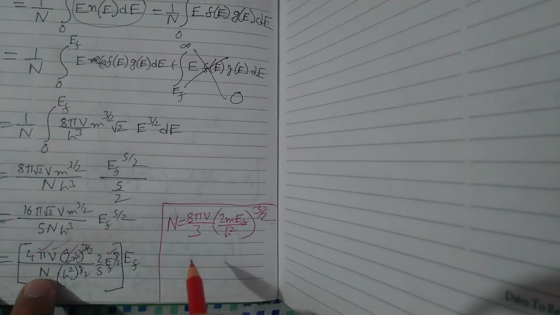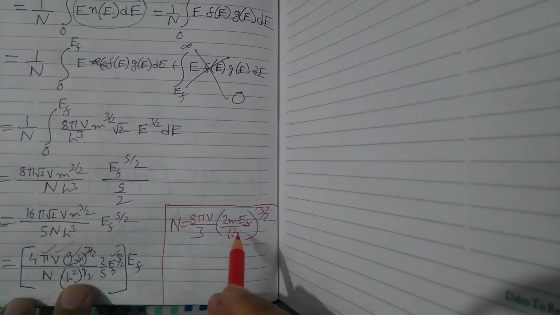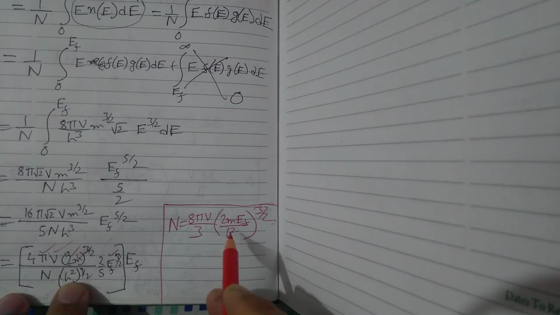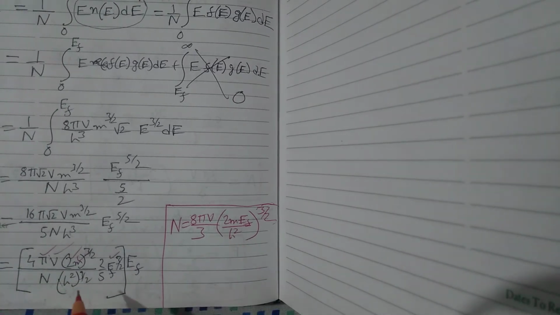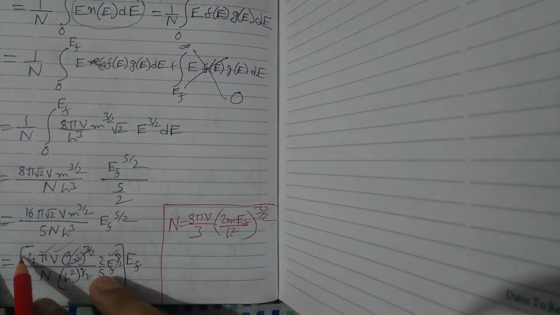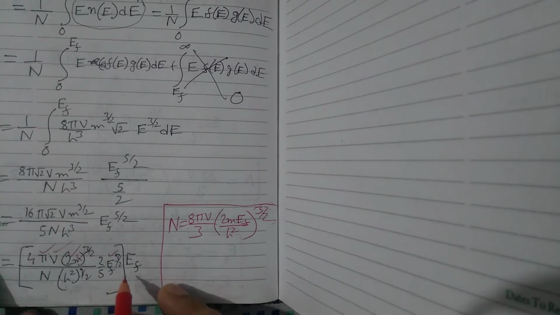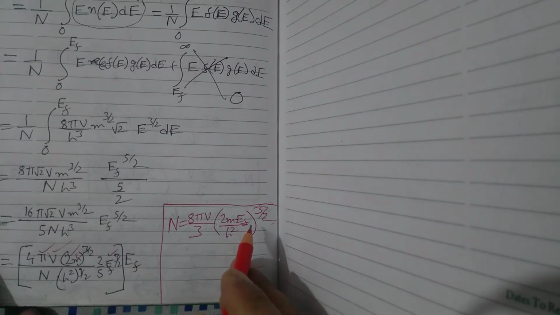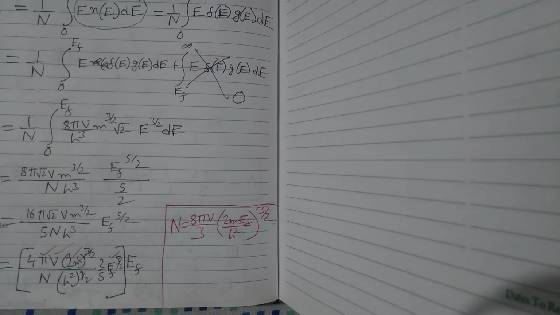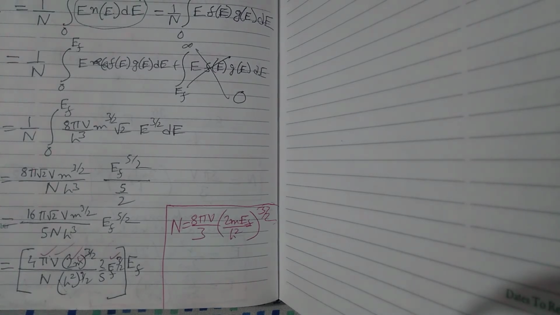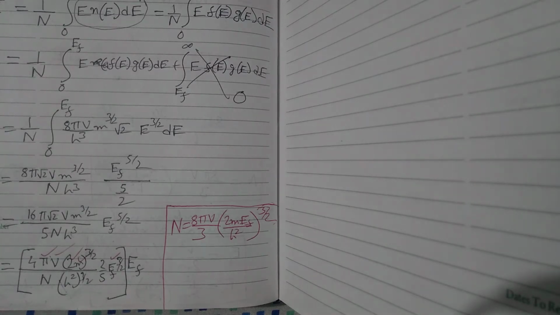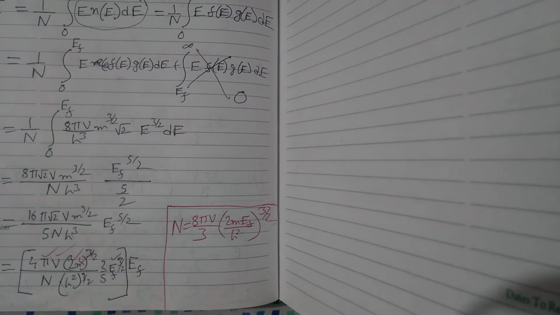V is there. 4 into 2, EF to the power 3 by 2 is there. 2 to the power 3 by 2 has to be there. Okay, don't make it so complex. You just put the value of N here.